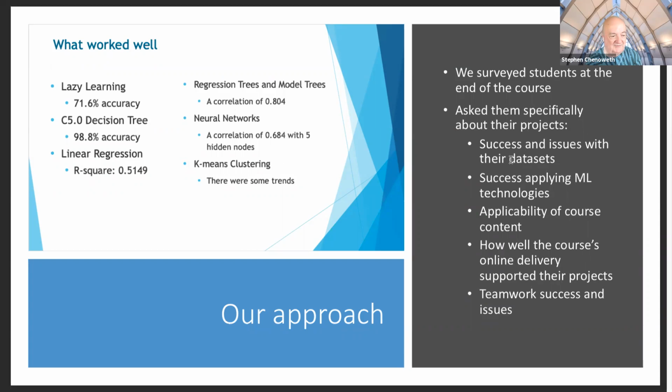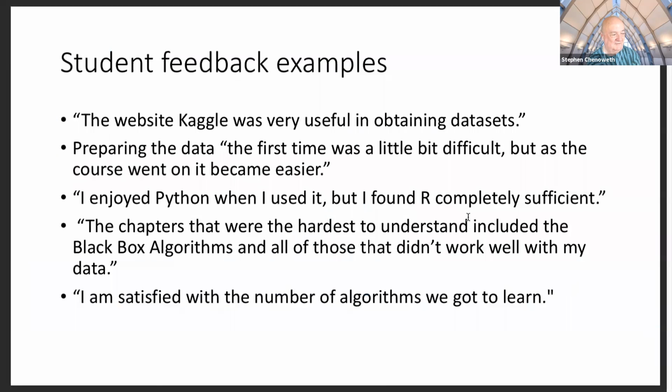So we surveyed them at the end of the course about how did this go from your perspective, as well as the perceived success that we found. How well did the way we delivered it shape the project for them and deliver the knowledge they were trying to learn about this type of software engineering?